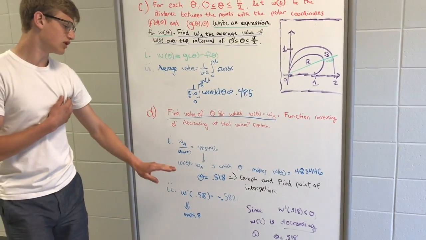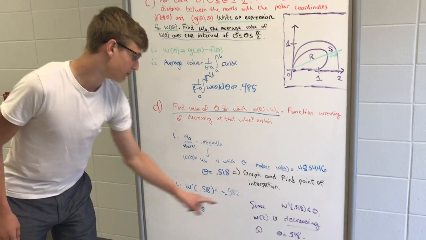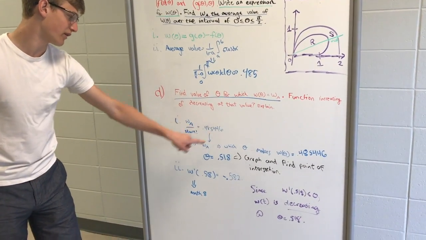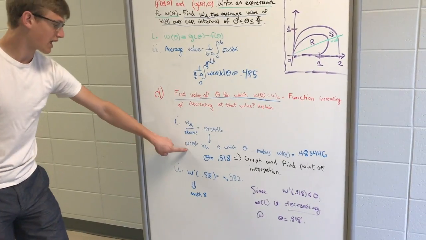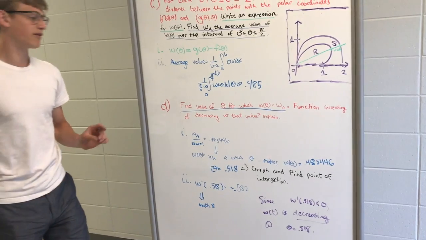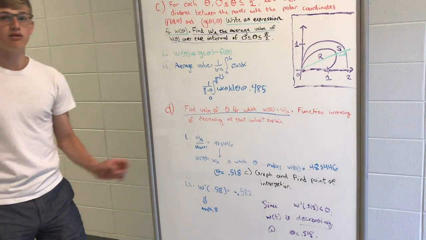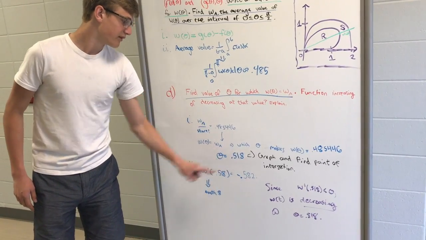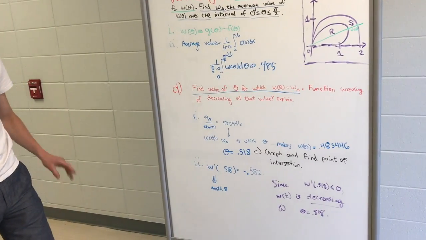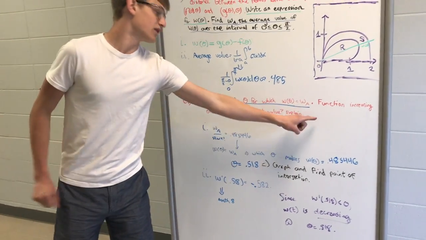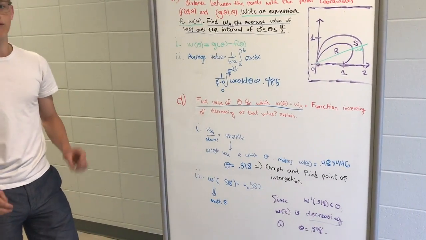So you can do that by graphing both equations: w sub A, which is 0.485, and the function w of theta in your calculator. Then find that first intersection point, and you know your value of theta, which is 0.518.